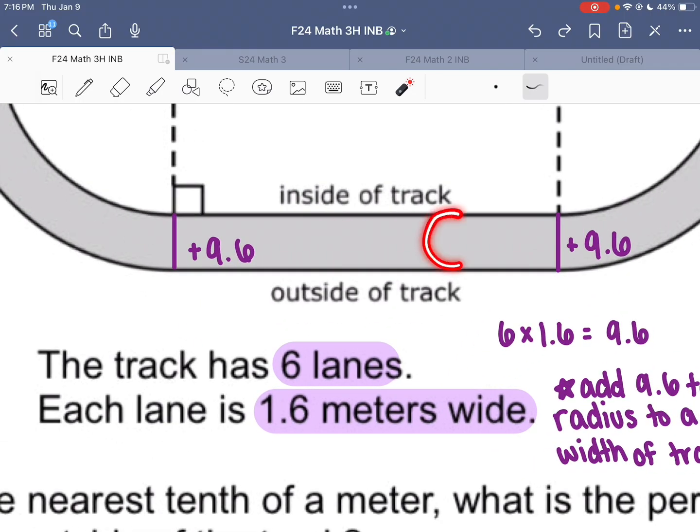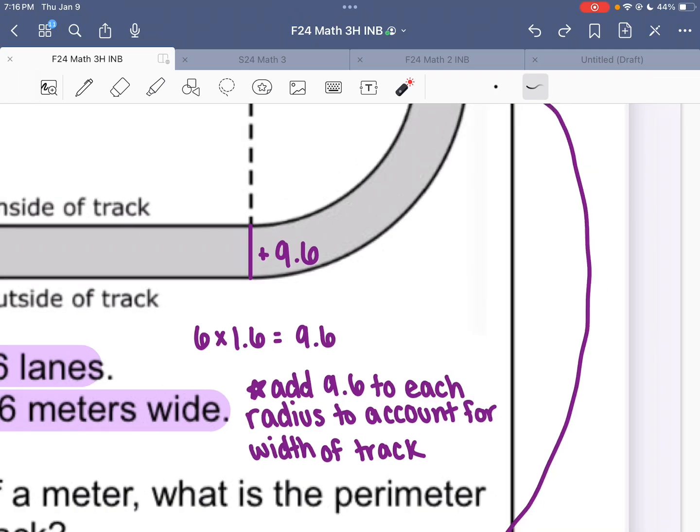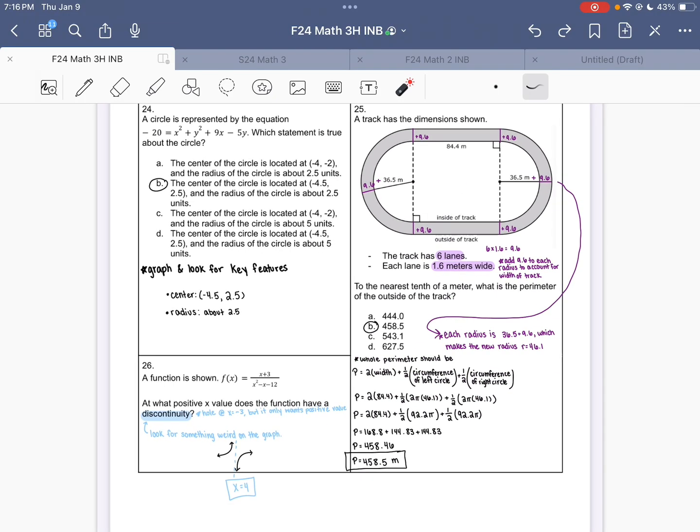So if there are 6 lanes and each one is 1.6 meters wide, I multiplied these together and got 9.6. So the white part might be that 36.5 meters, but this extra piece on the outside is 9.6 meters wide. So to get the true radius of these 2 half circles, I have to actually add this together, and that gave me about 46.1.